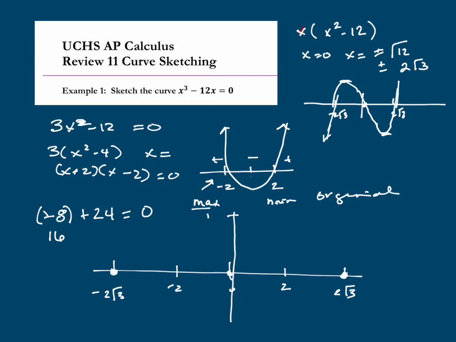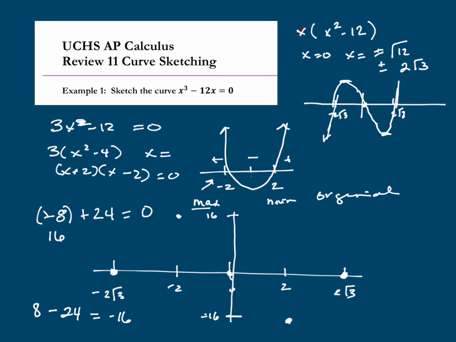So let's just make this positive 16. So I put a point right there at negative 2. And if I did it with a positive 2, let's put it back into the original, I would get 8 minus 24, which is negative 16, which, since it's symmetric, I knew that. And so let's put negative 16 down here.